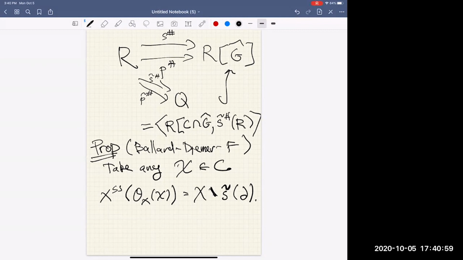So I'm telling you what the choice is. So you can reproduce any GIT quotient in this setup, and it corresponds to exactly the monoid you get by looking at a cone in this thing.